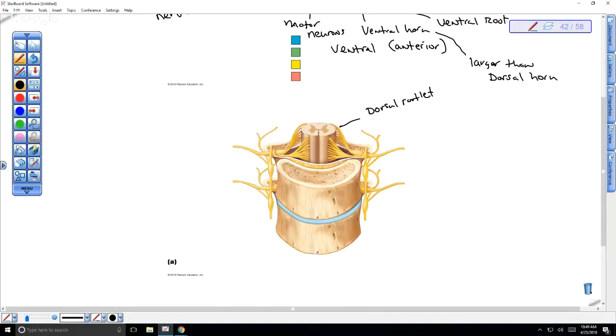They're small branches, and these would be my ventral rootlets. How do you spell rootlet? Rootlet. Okay, so those are just the tiny little branches. Notice how they all come together and form the spinal nerve. So this would be still the ganglion. So there's my dorsal root ganglion.